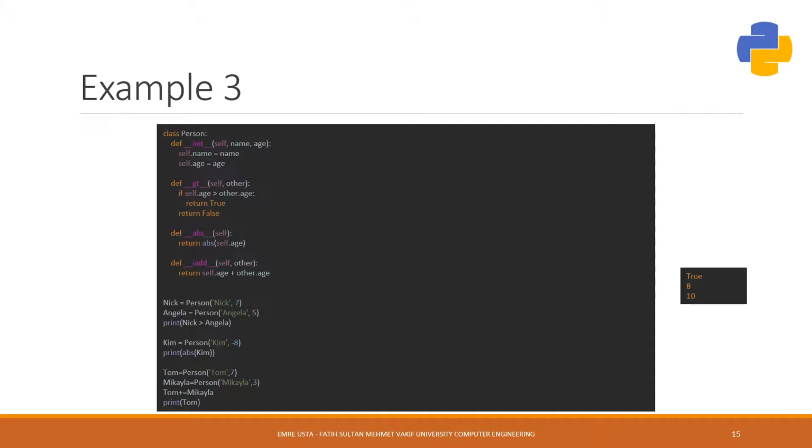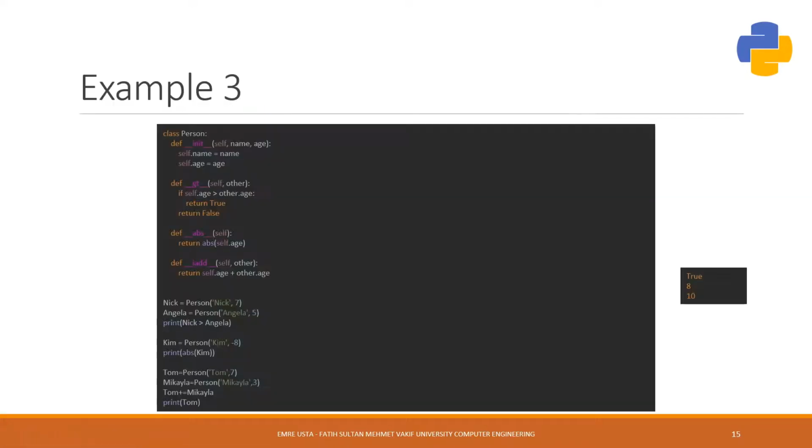Example 3. We can have a class Person with a greater method, an absolute value method, and an add method.